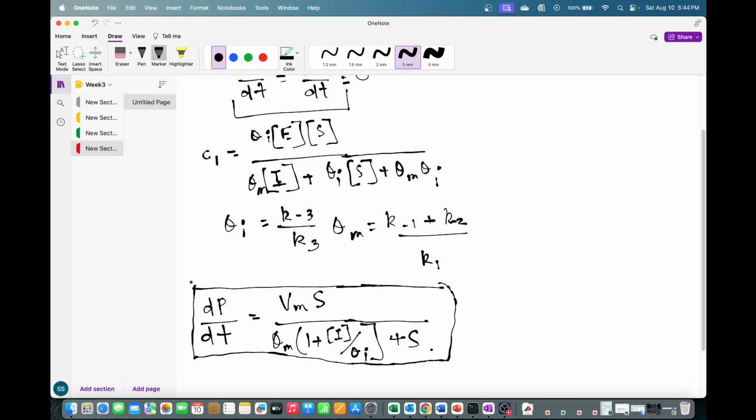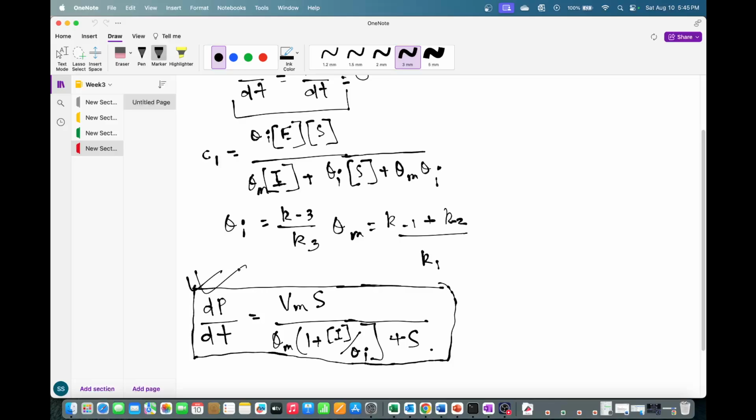So ultimately this is how you model different types of product formation using these certain nuances. If certain nuances are introduced in the system, this is how you model it. So you check every element in the system, how it is changing with time, and then you try to do certain approximations to find the rate of formation of the product or rate of utilization of the substrate, whatever you are trying to model.